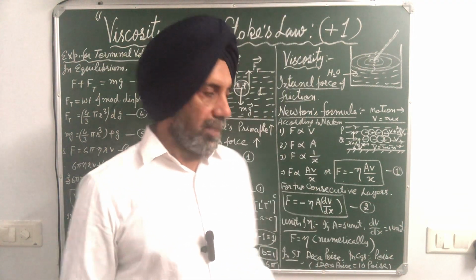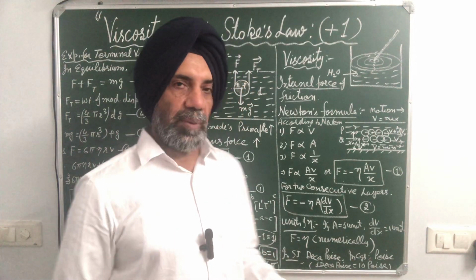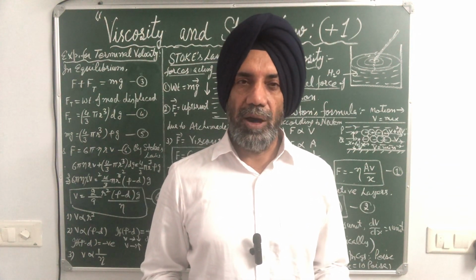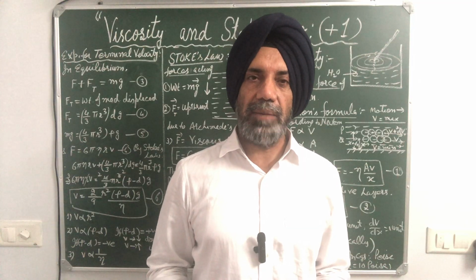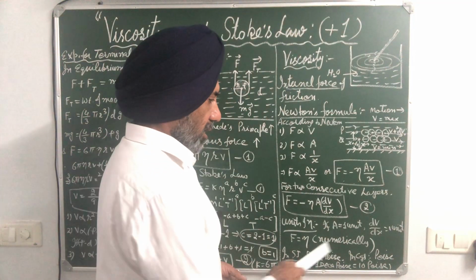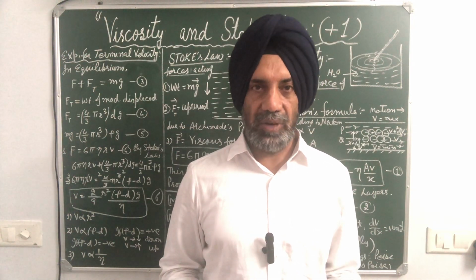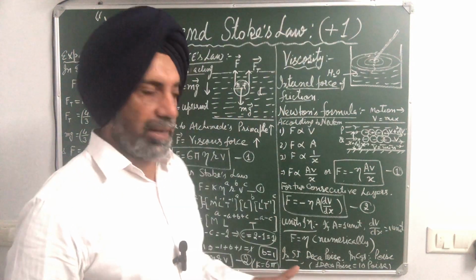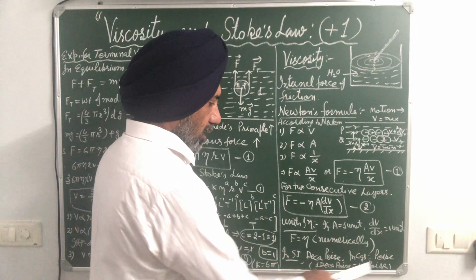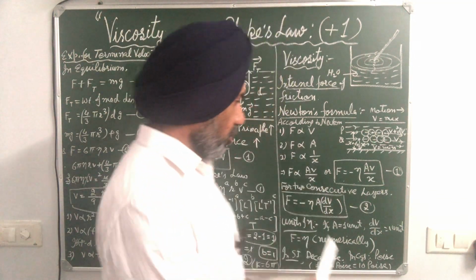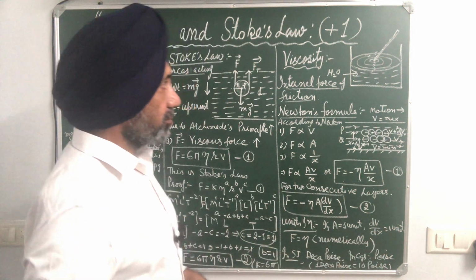So 1 poise is numerically equal to the tangential force of 1 dyne per centimeter square required to maintain unit velocity gradient of 1 second inverse between two consecutive layers. So 1 decapoise is equal to 10 poise. So this is all about units of viscosity.